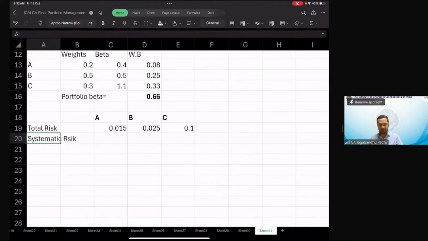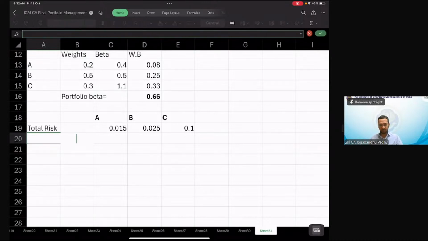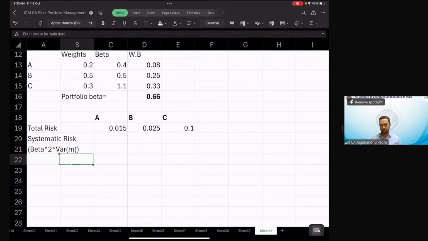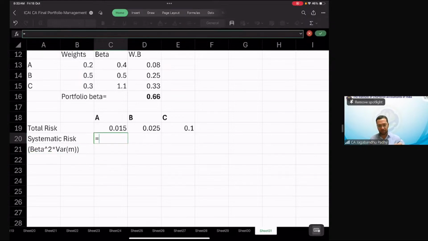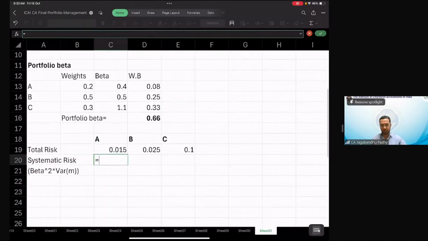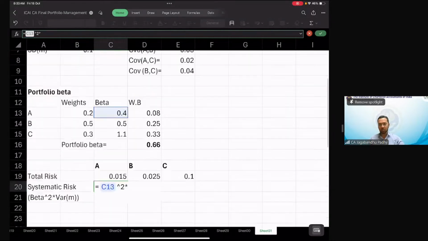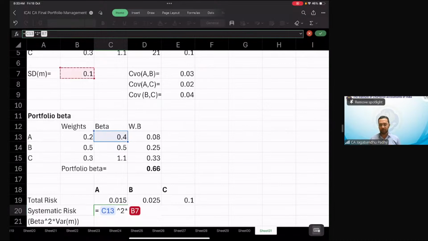Now systematic risk can be computed as beta square into variance of market, right? So beta square will be beta of A square into variance of market, which will be standard deviation square.